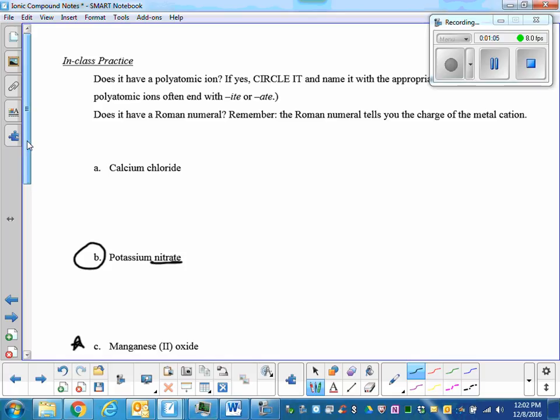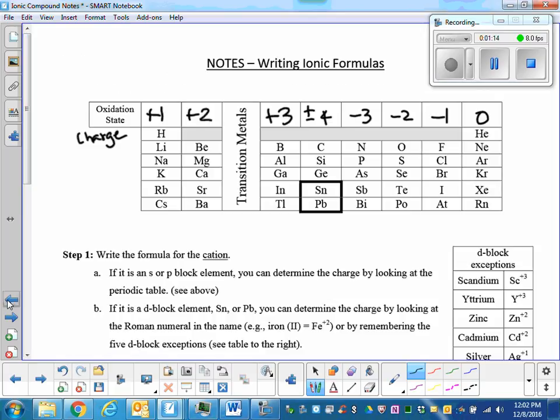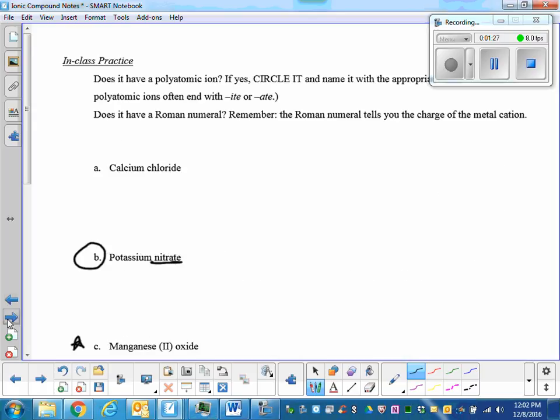So now, this is calcium. Do you see that? I'm going to go back and look at where calcium is here. Everybody go back to that. What is the charge on calcium? +2. So the symbol is Ca and its charge is +2.